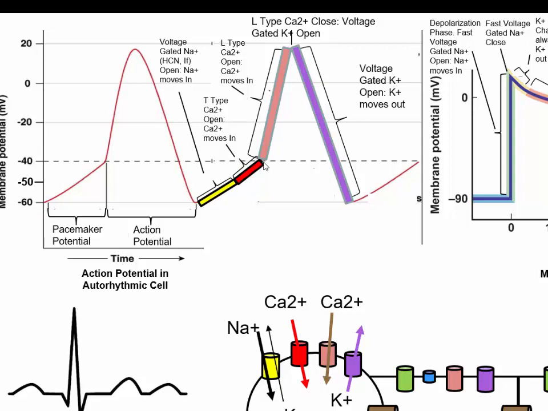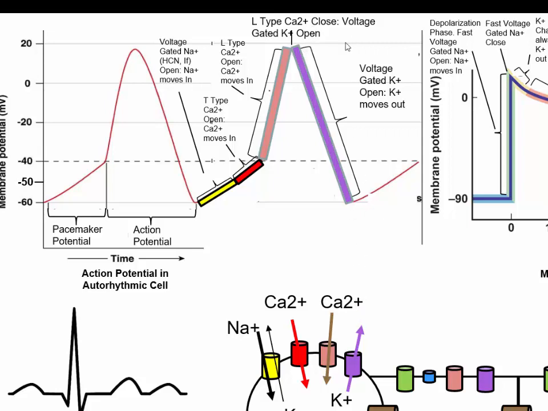At minus 40 millivolts, both T-type calcium channels, as well as any remaining voltage-gated sodium channels, are shut. L-type calcium channels open. Calcium continues to move in, depolarizing it all the way up to positive 20 millivolts, at which time the L-type calcium channels slam shut. Voltage-gated potassium channels open.